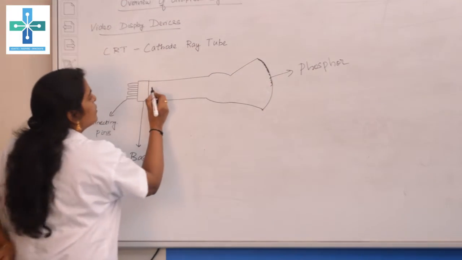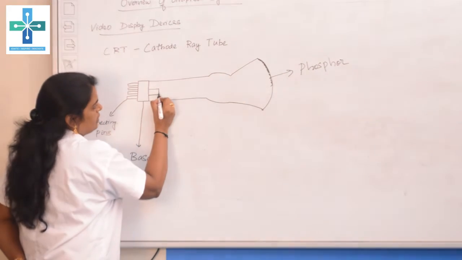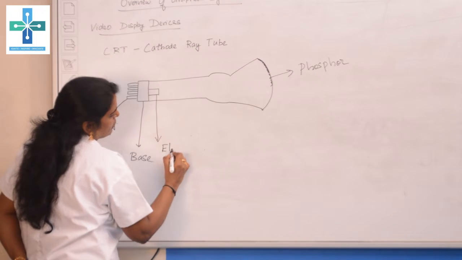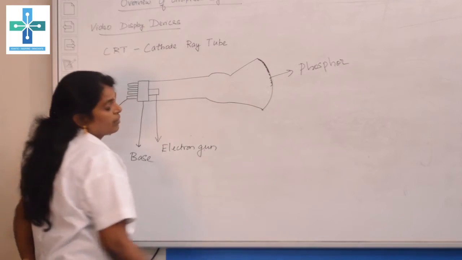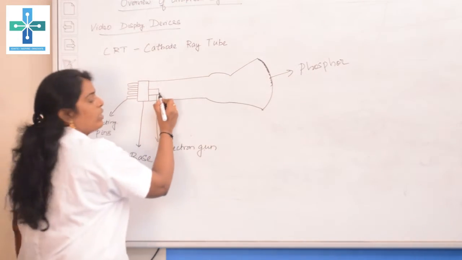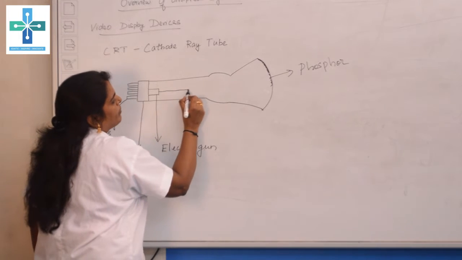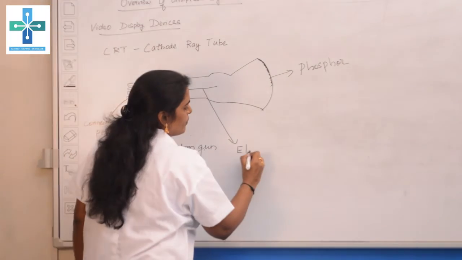And then this base is again connected with the electron gun. From this electron gun, it generates the electron beam.